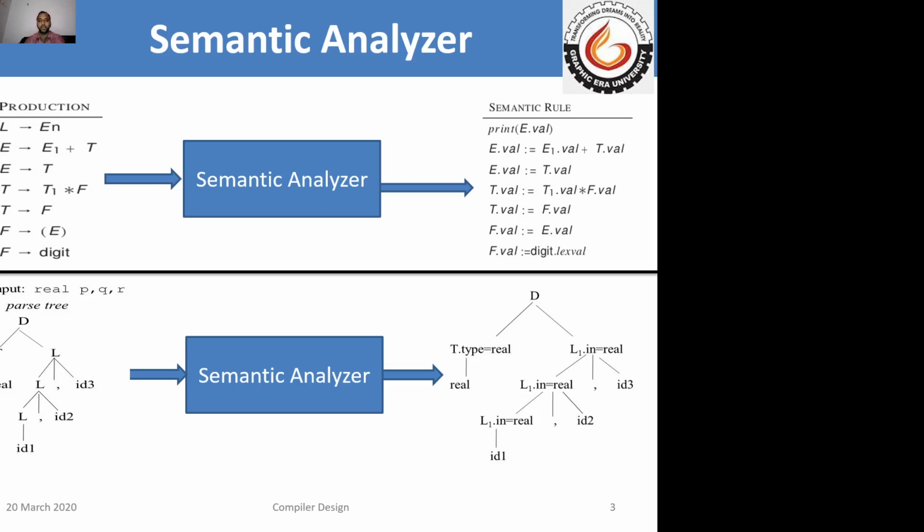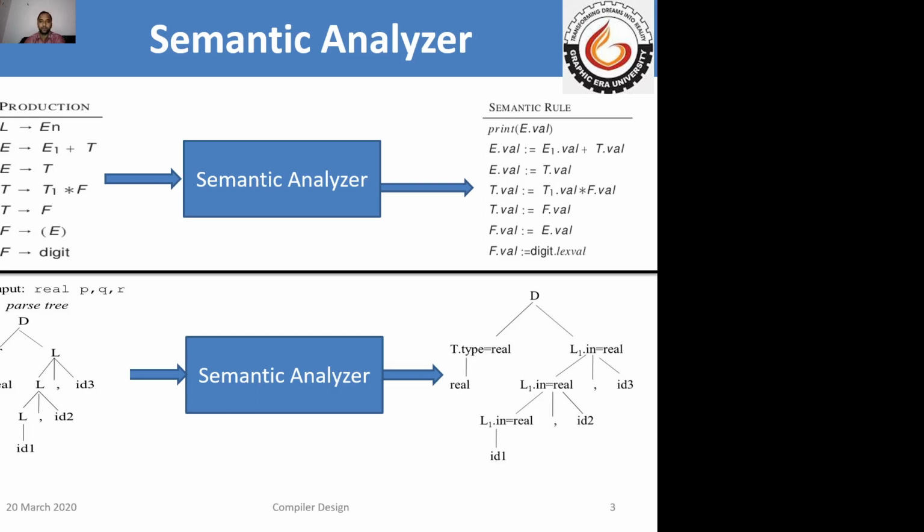Further, this L will generate L dot in equals real comma ID2. The last one in this figure, L1, is only generating ID1. Why? Because on the left hand side our input is real P comma Q comma R, so I need only three identifiers. That's why L is ended by a single identifier.